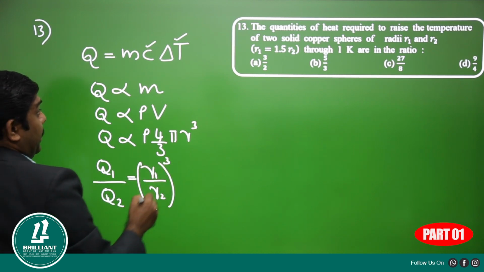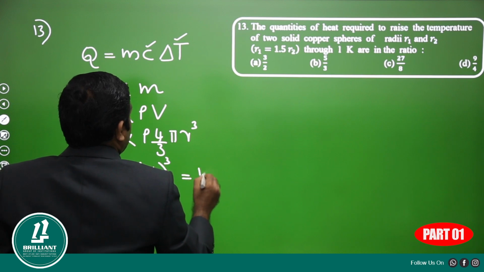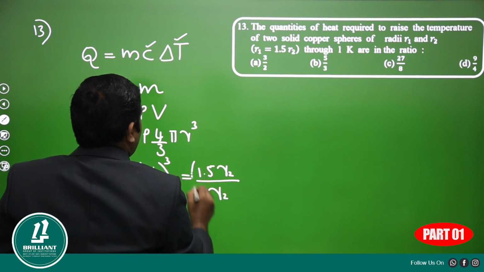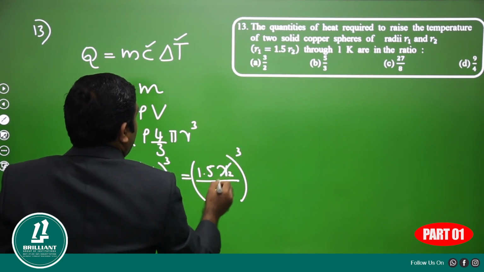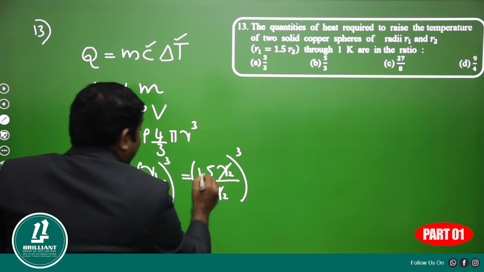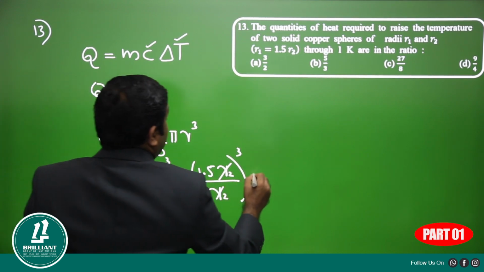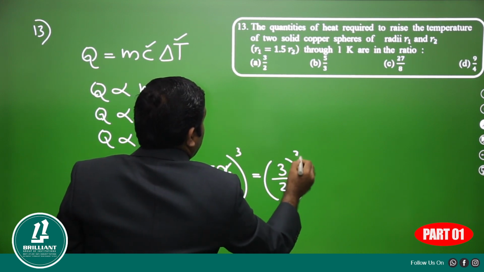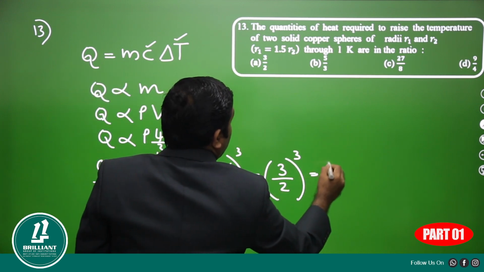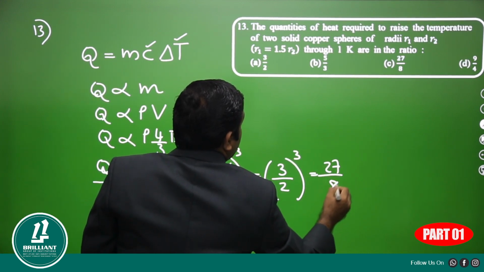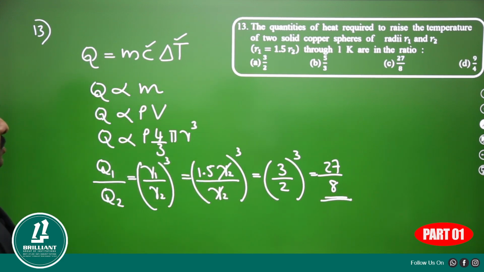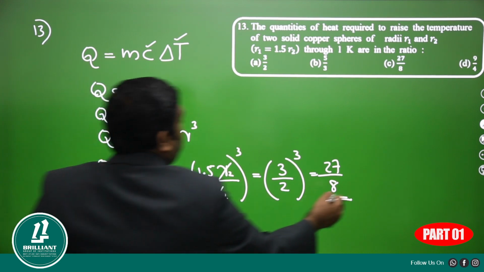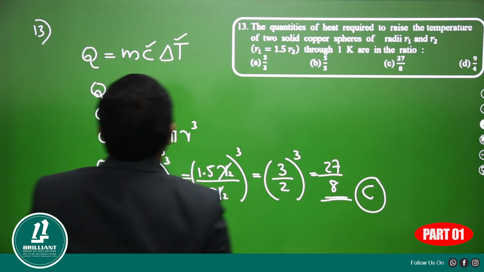They give R1 as 1.5 R2, so that is 1.5 R2 divided by R2, all cubed. R2 and R2 cancel. 1.5 can be represented as 3 by 2, so we have 3 by 2 all cubed. 3 cube is 27 and 2 cube is 8. So the right answer is 27 by 8, option C.